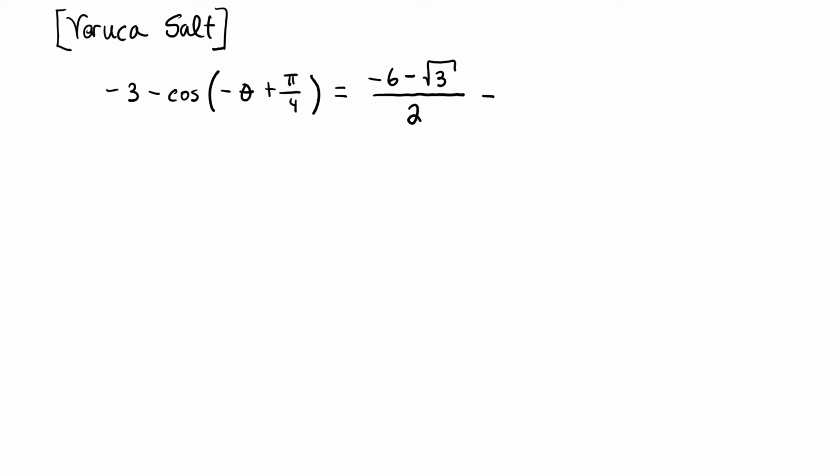The equation is number 29 from, again, the Chapter 7 Skills Test number 7, and it reads -3 minus cosine of negative theta plus pi over 4 equals, get ready for this one now, -6 minus root 3 over 2 minus 2 cosine of negative theta plus pi over 4.